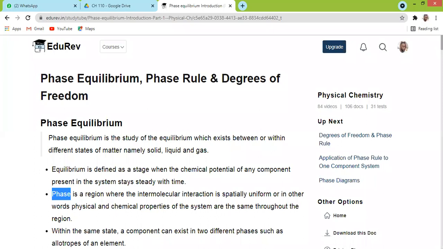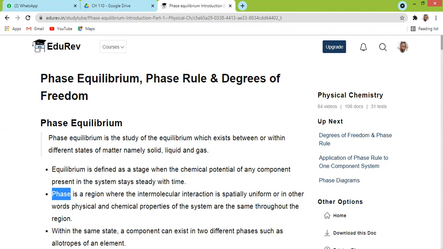A liquid is a phase on its own. A gas is also a phase. That is why phase equilibrium is therefore when you are looking at the equilibrium when there is an interchange between phases, the equilibrium that is existing at that interface, at the exchange point, that is phase equilibrium.